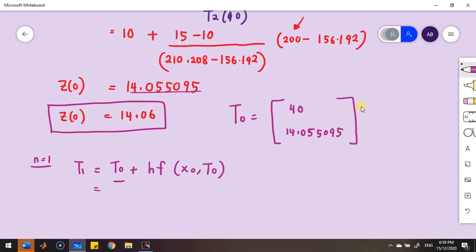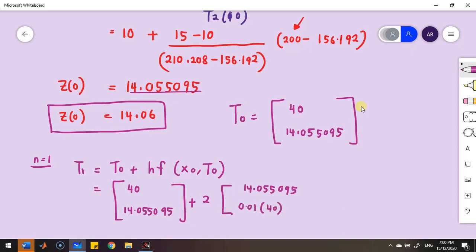So I have 40, 14.055095 plus 2, we have 14.055095, 0.01, 40 minus 0.2. So you will get 68.1102. This one is 14.4551.